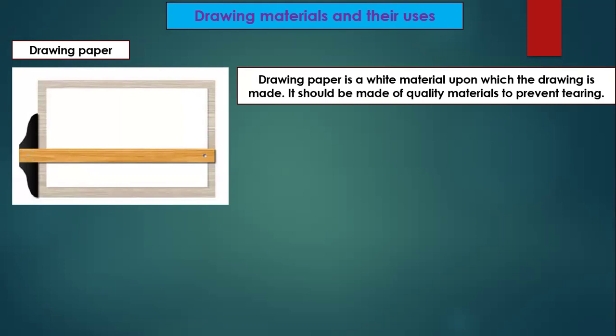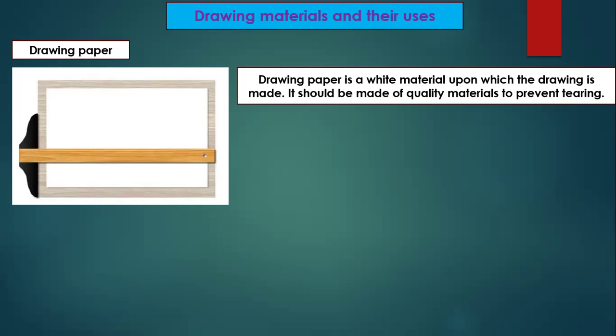It should be made of quality materials to prevent tearing, so that when you make a mistake and you are trying to remove it with an eraser, it will not tear. That is very, very important. Drawing paper must be made of a quality material to prevent tearing.